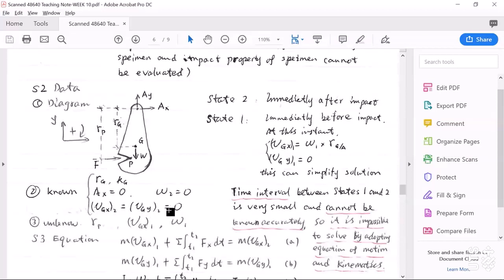Vgy, of course, is 0 because at this instant, immediately after the pendulum hits the test specimen, point G is at its lowest position, so of course it should be 0. We don't know Rp, the distance from P to A, and we don't know Vg1 and omega 1.